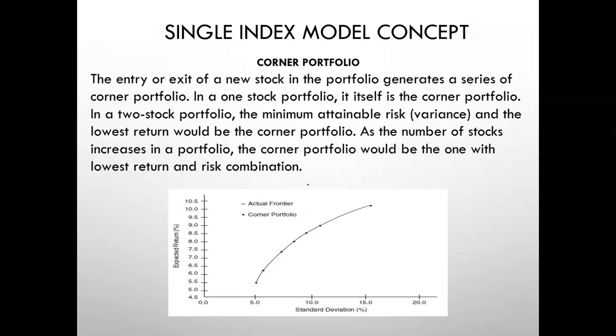If it is a one-stock portfolio, the stock itself is the corner portfolio. But if it is a two-stock portfolio, the minimum attainable risk and the lowest return would be the corner portfolio. So when the number of stocks in the portfolio increases, the corner portfolio would be the one with the lowest return and risk combination, right?